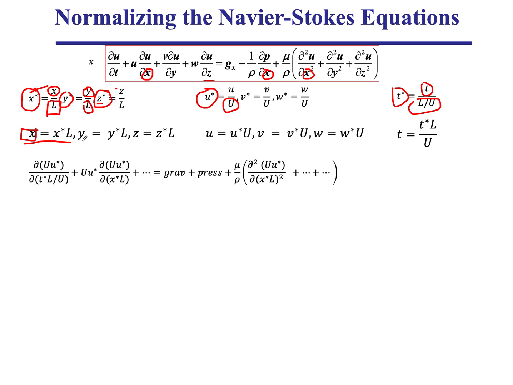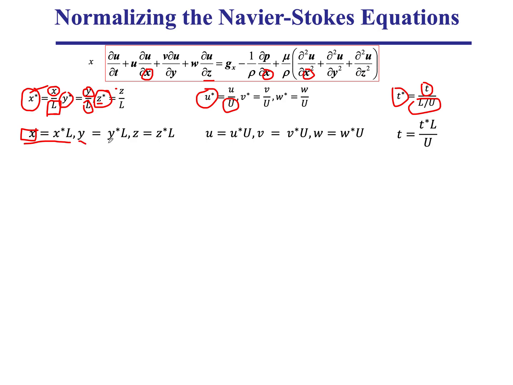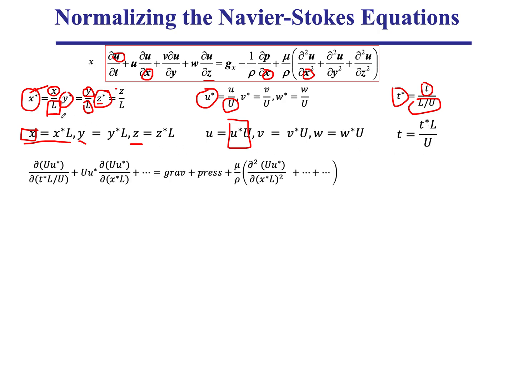And same thing I will do for the Y and for the Z and for the U and the V and W. For the U, I'm going to substitute U star times U. And same thing with the V, and for the time t, I will substitute t star L over U. So let's do this substitution.